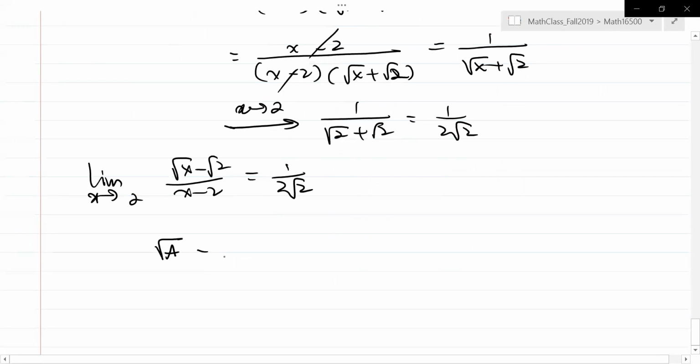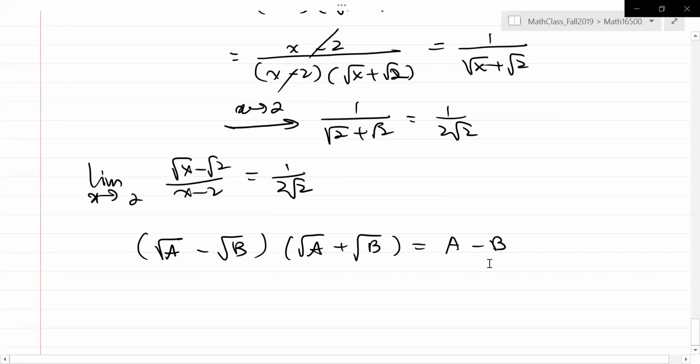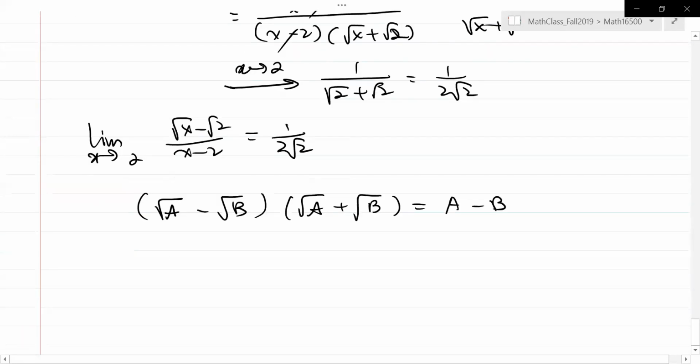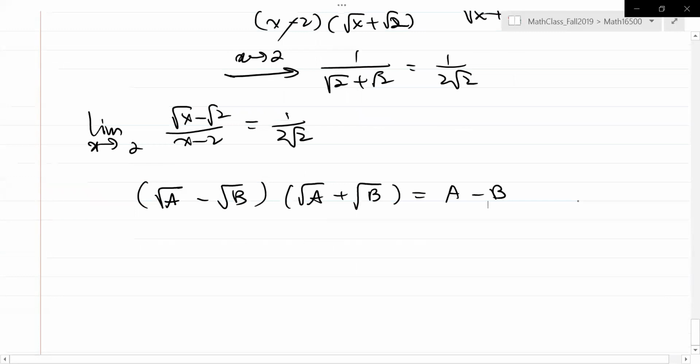All right, so the formula we're using here is the following. When you see square root of a minus square root of b, if you want to get rid of the radical, you just multiply by square root of a plus square root of b. Then you get (square root of a) squared minus (square root of b) squared, which is just a minus b. And both a and b must be greater than or equal to 0.